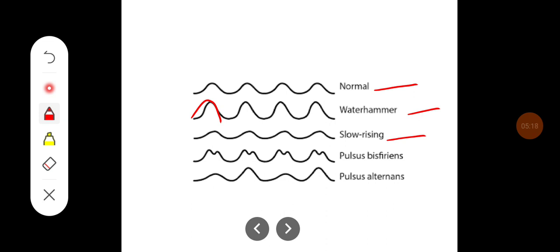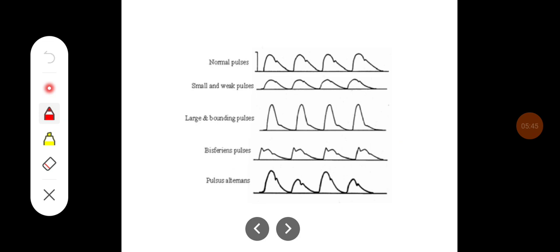Pulsus bisferiens shows double pulsation, which can be seen in severe heart diseases like hypertrophic obstructive cardiomyopathy or with aortic regurgitation. And pulsus alternans, alternating strong and weak pulses, is seen mainly in ventricular dysfunction.